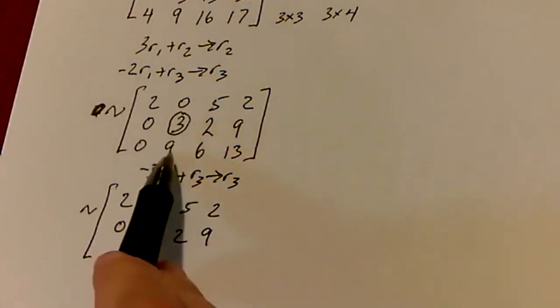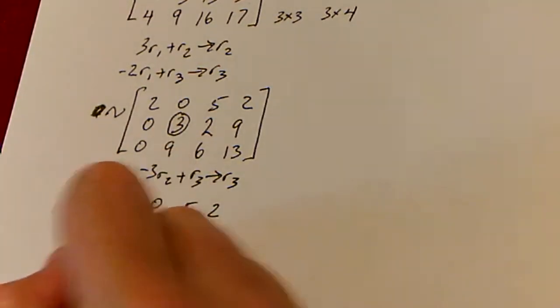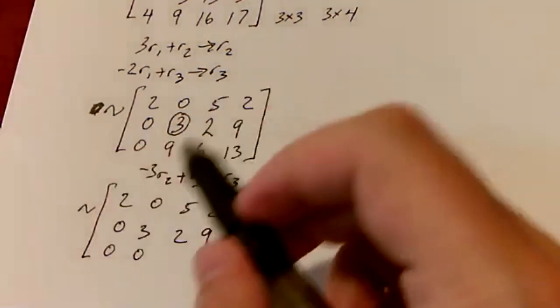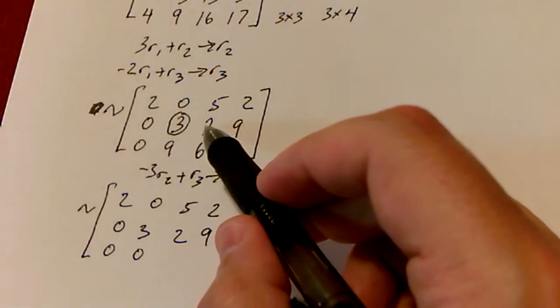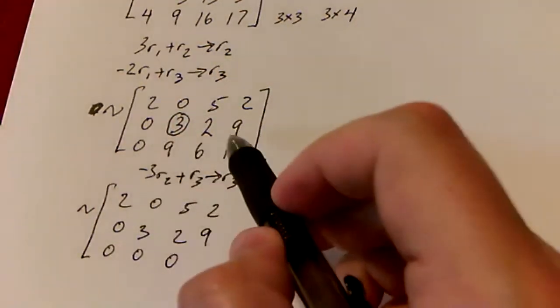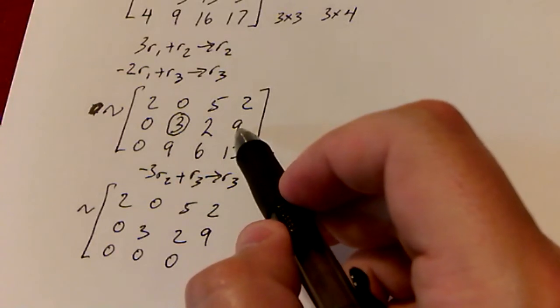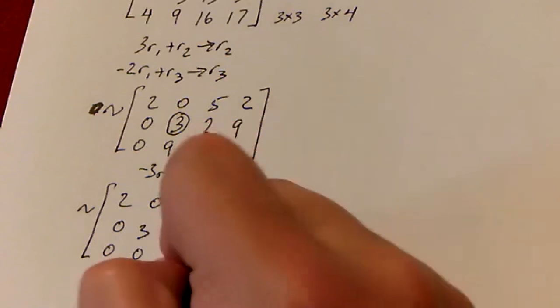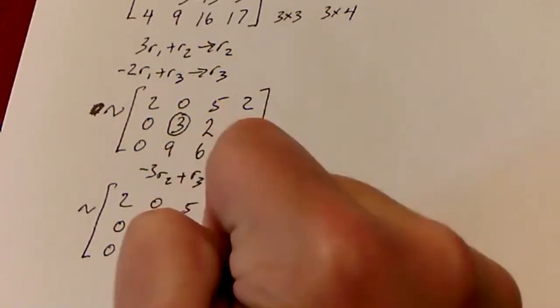Third row now, negative 3 and 3, negative 0 and 0 makes 0. Negative 9 and positive 9 will make 0. Negative 3 times 2 is negative 6. 6 and negative 6 makes 0. Negative 3 times 9 is negative 27. Negative 27 plus 13 is negative 14.